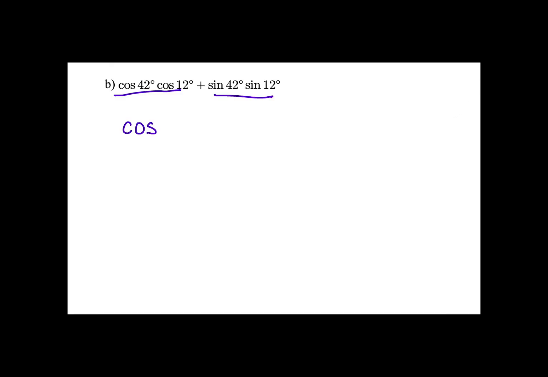And are these numbers going to be added or subtracted together? Well, remember that with cosine, we switch the sign. So since I have addition here, this is equivalent to the cosine of 42 degrees minus 12 degrees.